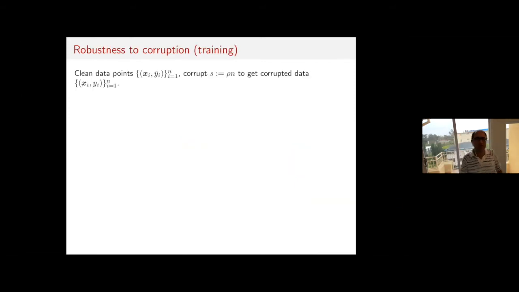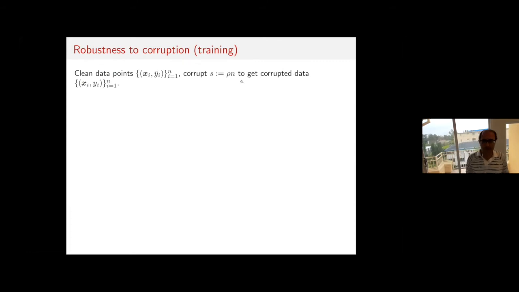Again, we want to understand how these networks do well in terms of robustness. Let's say you start with a clean training data set, and an adversary is allowed to corrupt a rho fraction of these labels. It takes the clean labels y-bar and changes them to y_i, but it's only allowed to corrupt a rho fraction.